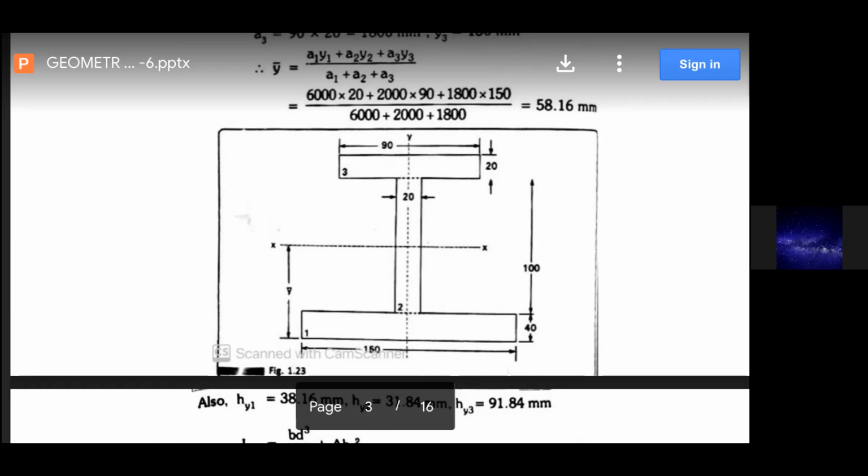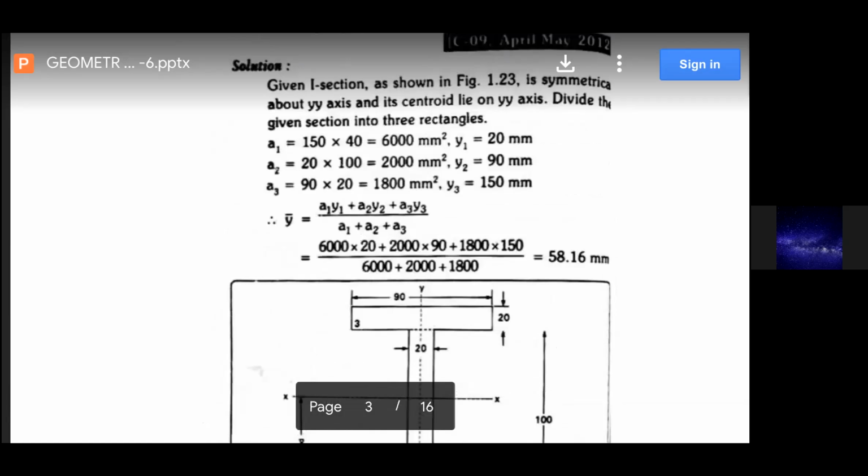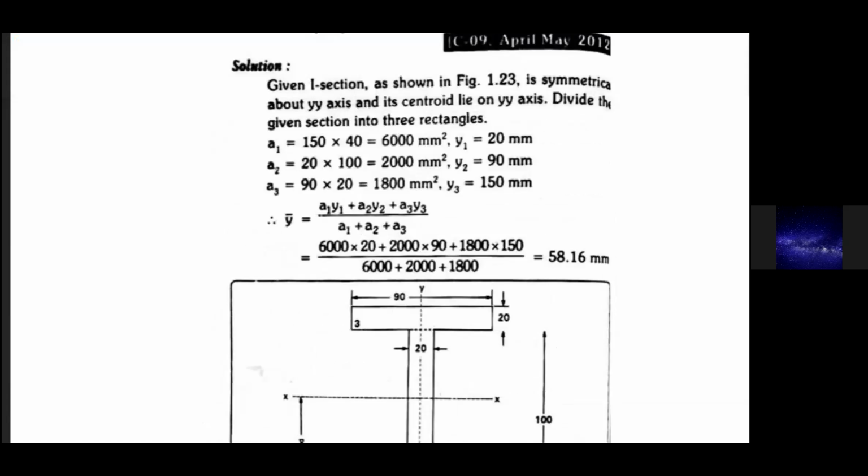Second step, how to find the centroid of the I section. What is the formula for centroid? y bar is equal to a1 y1 plus a2 y2 plus a3 y3 by a1 plus a2 plus a3. This is the standard formula for finding the centroid.